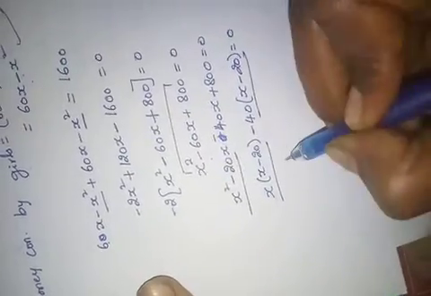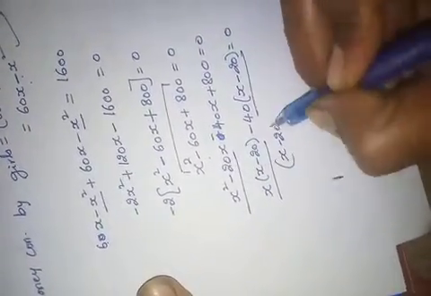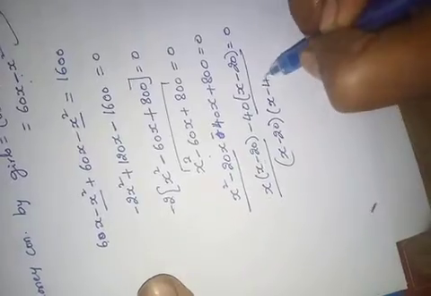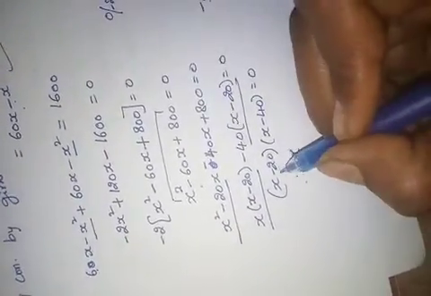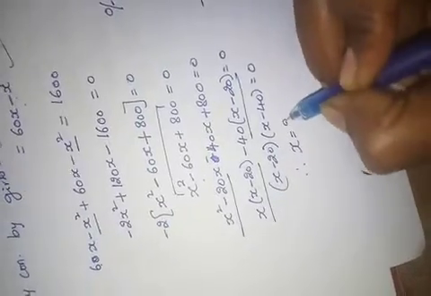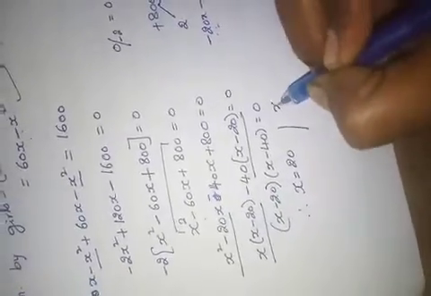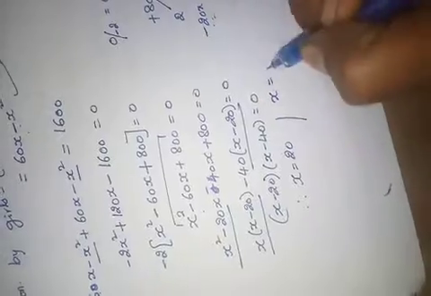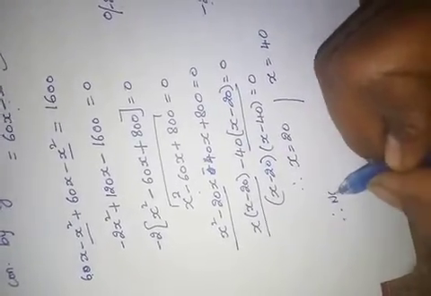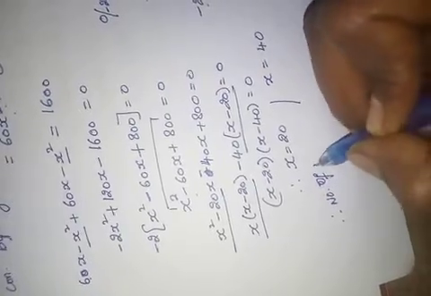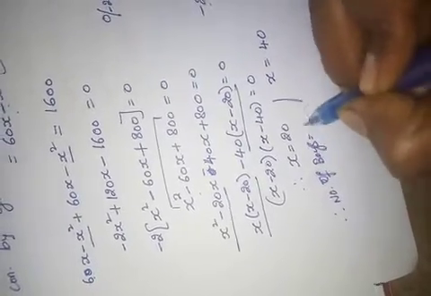Here x minus 20 into x minus 40 equals 0. Therefore, I am directly writing, if I send minus 20 to that side, x equals 20. If I send minus 40 to that side, x equals 40. That is, number of boys equals 20 here.